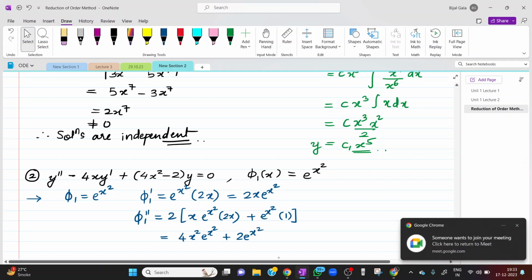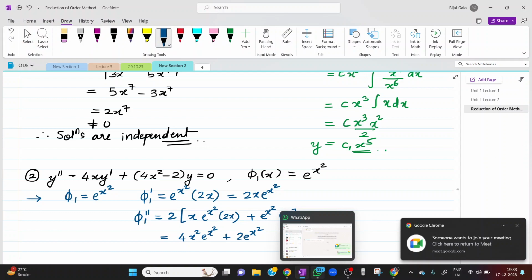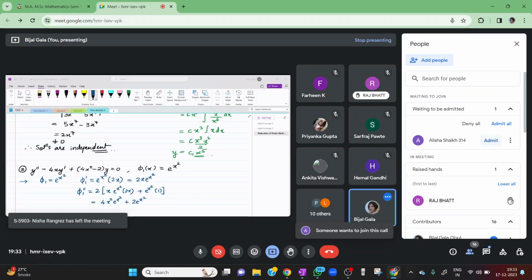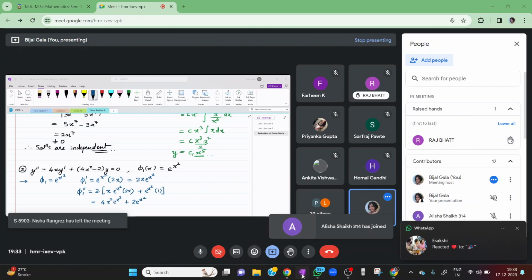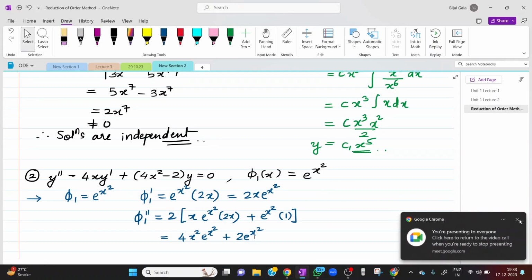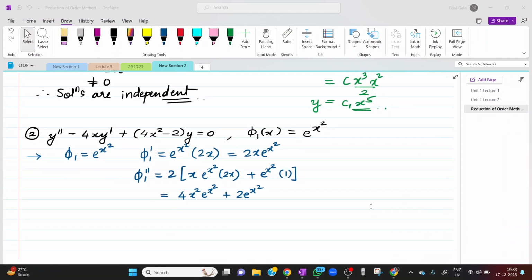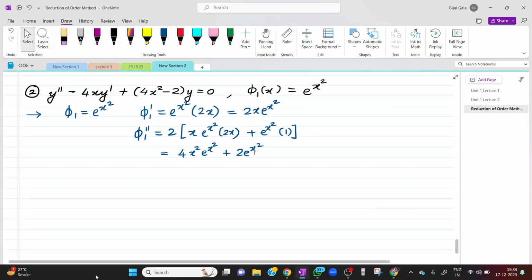We found the values of phi 1, phi 1 dash, and phi 1 double dash. Okay, you found these three values. Let's substitute them in the equation here.